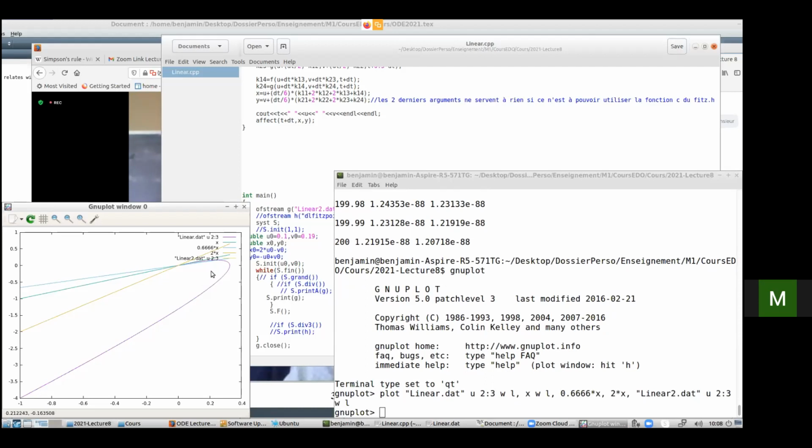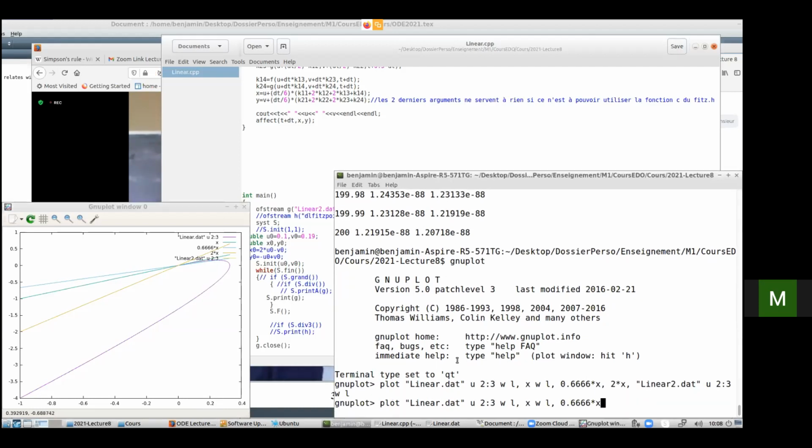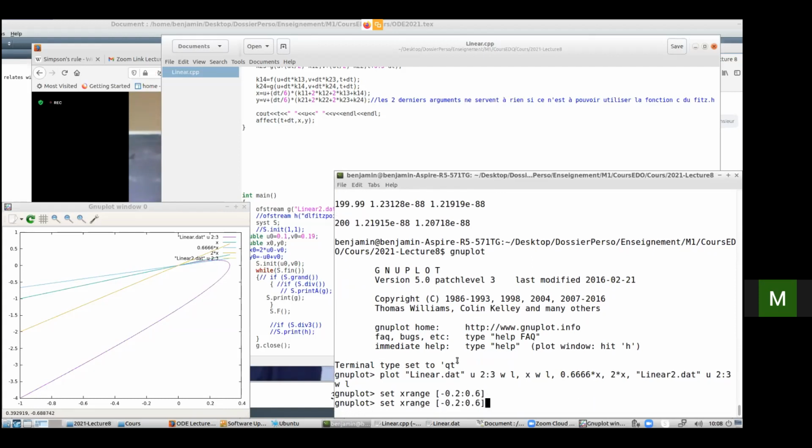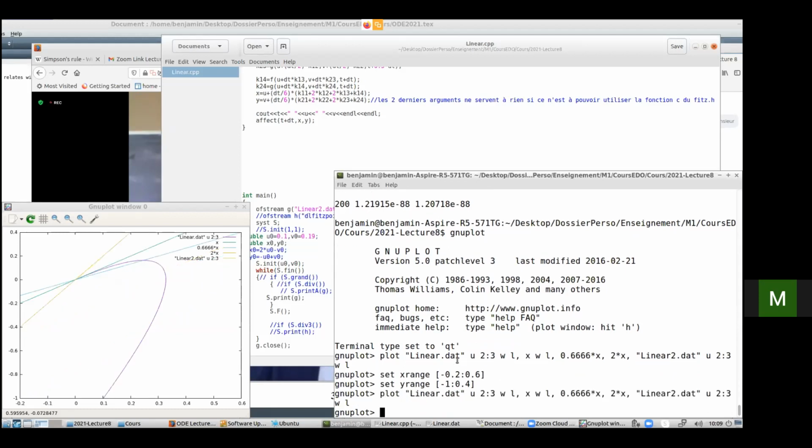Oh, it's a little bit too small. Can't see that. Okay, I need to change that again.